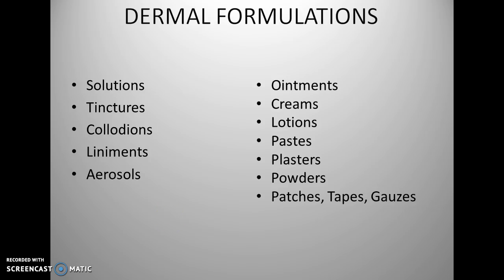Okay, we're almost done. A few points that I'd like to talk about before we finish dermal formulation. Again, the skin is the largest and heaviest organ in the body and accounts for 70% of a person's weight. Most dermal dosage forms are used for local effects on or within the skin, and dermal administration has a number of advantages.